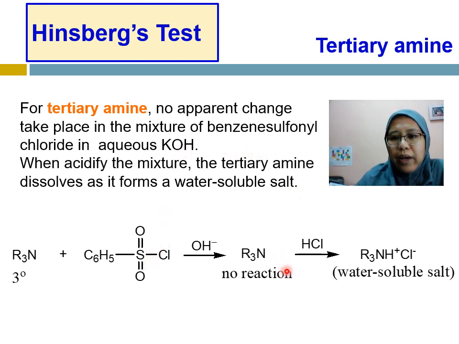What we're going to have is a water-soluble salt. So we're going to get a clear solution. So this is the observation for tertiary amine when it is reacted with Hinsberg test. There's no reaction, but there is an observation for the no reaction, which is a clear solution formed or remains.